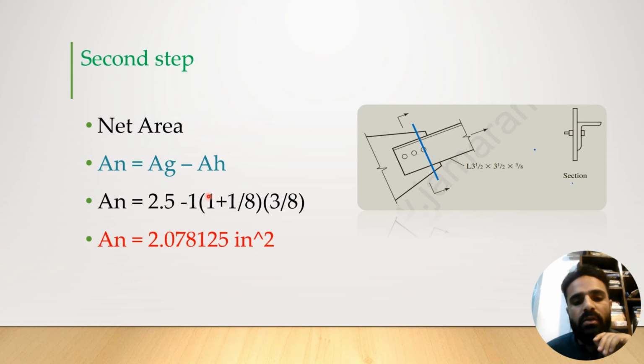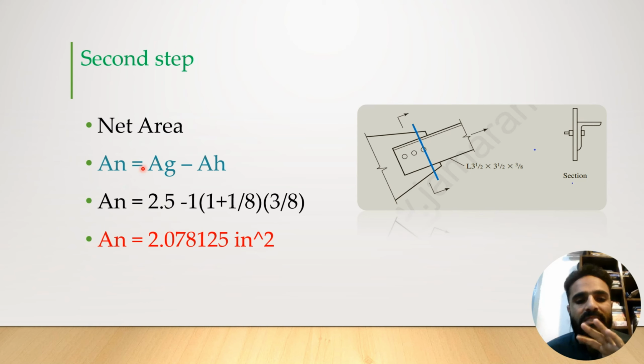So number of bolts into diameter plus tolerance, into the thickness of the plate. Here the thickness of a hole is the same as the thickness of this section. So here the thickness is 3/8 for this section.